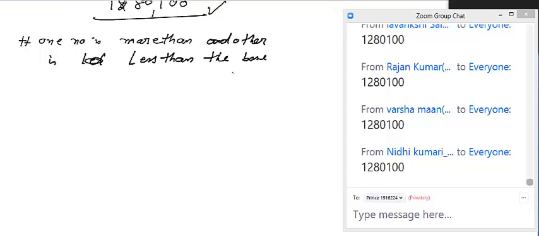From the start we have taken both numbers less than the base, then both numbers greater than the base. Now we take one number less than the base and another greater than the base. Next example, 13 and 7, its base is 10. 13 is more than 10 and 7 is less than 10.